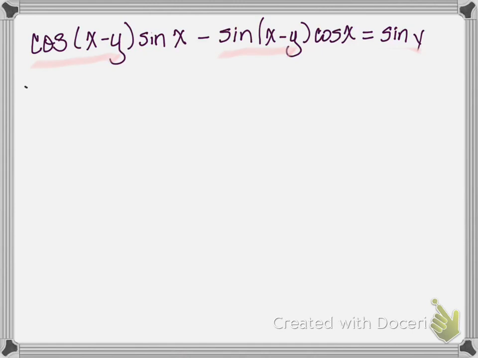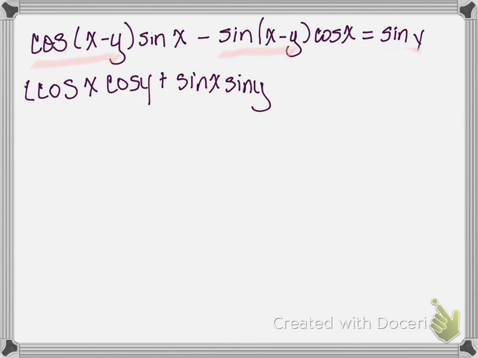So I have cosine of x times the cosine of y plus the sine of x times the sine of y. And this entire quantity is multiplied by the sine of x because I still have this sine of x right here.